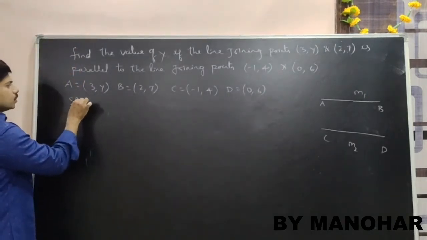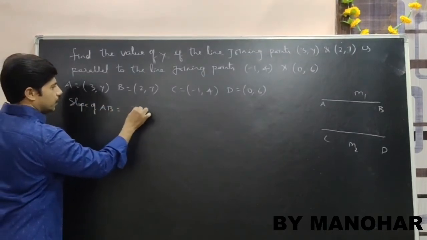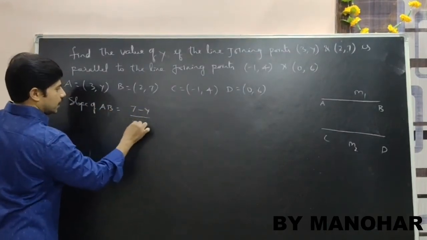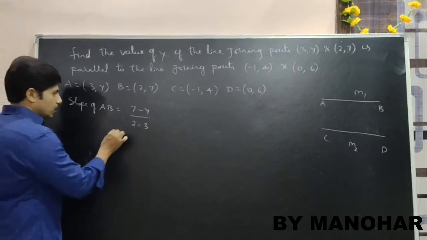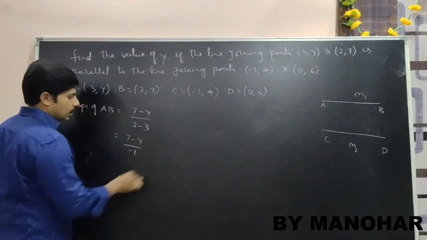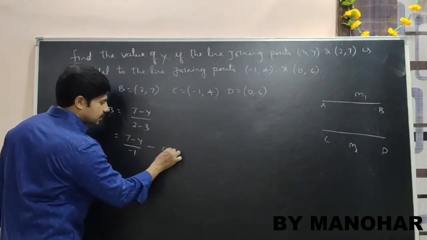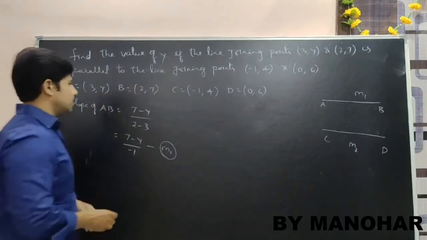So slope of AB is (y2 minus y1) by (x2 minus x1). So this is nothing but (7 minus y) by minus 1. Just put this as M1, slope of first line.